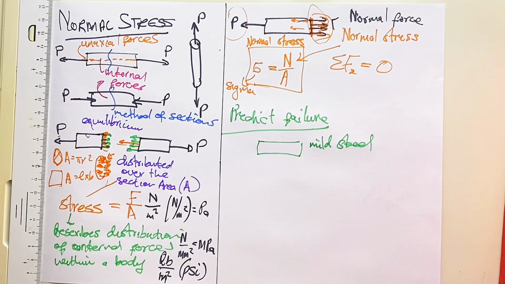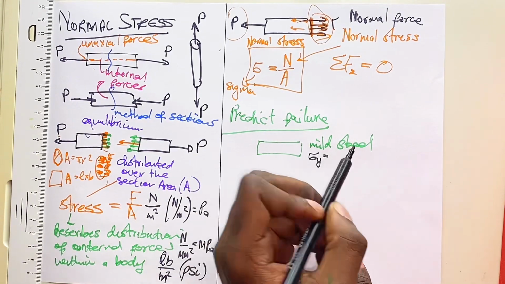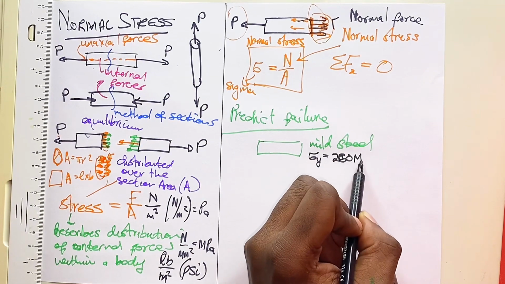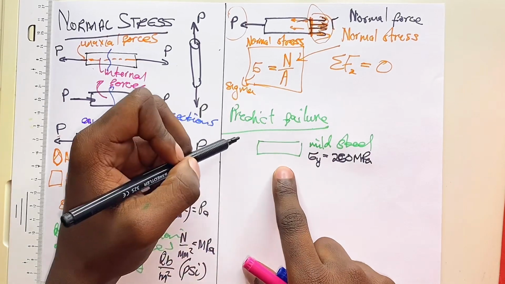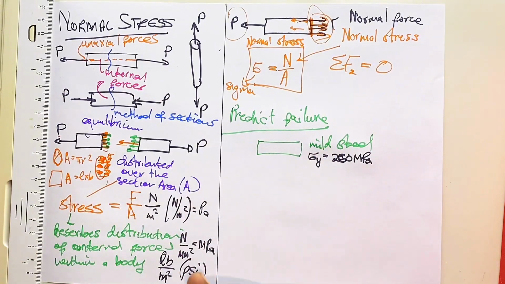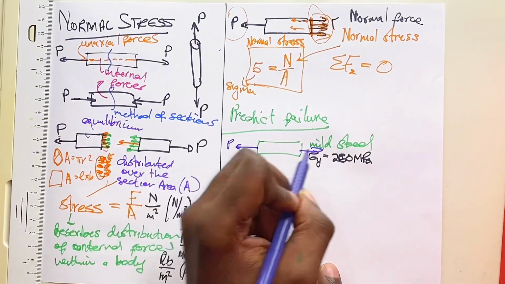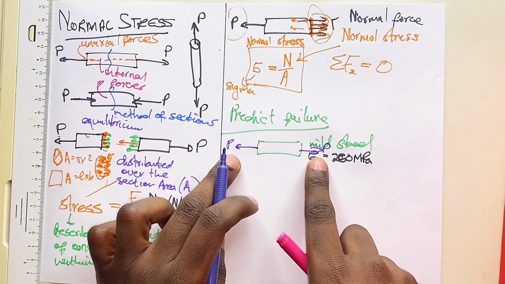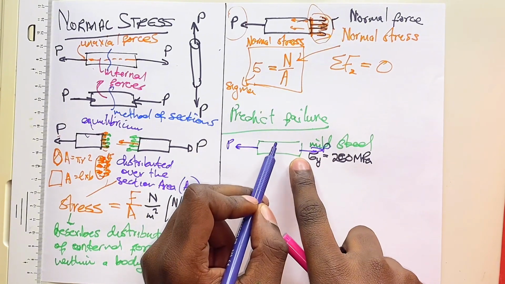Now steel has a normal strength of 250 megapascals. If we know the dimensions of our steel member, let's say you have forces P and P here, we want to know how much we can load this member without it failing.